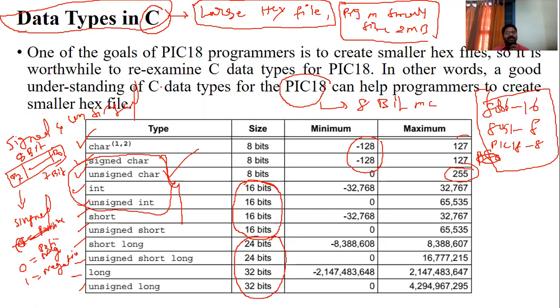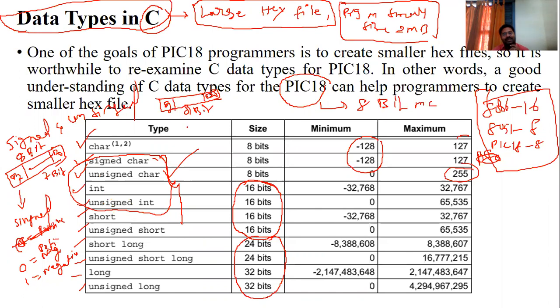But in unsigned operation, there is no necessity to know whether it is positive or negative. So D0 to D7, all 8 bits, we are thoroughly utilizing. That is the main difference between signed and unsigned.